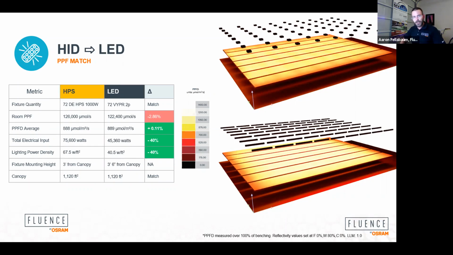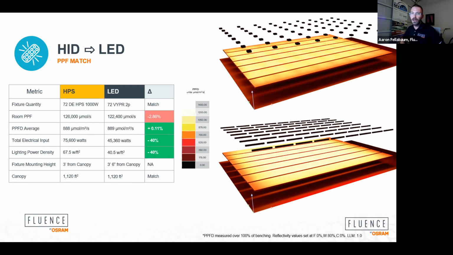So to start, there's two options to go with here on a single level, we'll say. One in which you can take your HID and match the full room PPF, photosynthetic photon flux, not PPFD, and consider that as a driving factor in what you can obtain through yield gains and whatnot. And then you have the electrical savings, right?